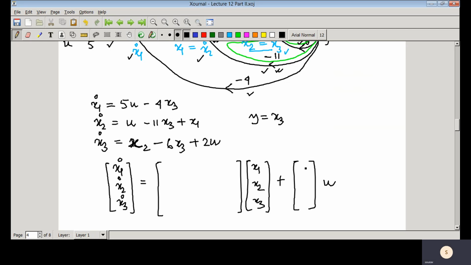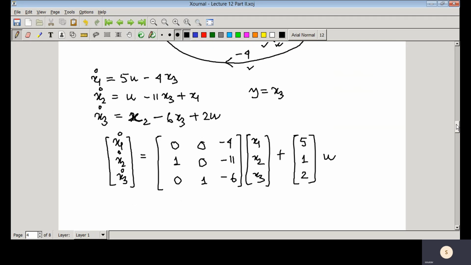So x1 dot equal to 5u minus 4x3, then x2 dot equal to 1u, so minus 11x3. Here we have that x1, and x3 dot equal to x2 minus 6x3 plus 2u, and what is your y? y equal to 0, 0, 1, and here you have x1, x2, and x3.